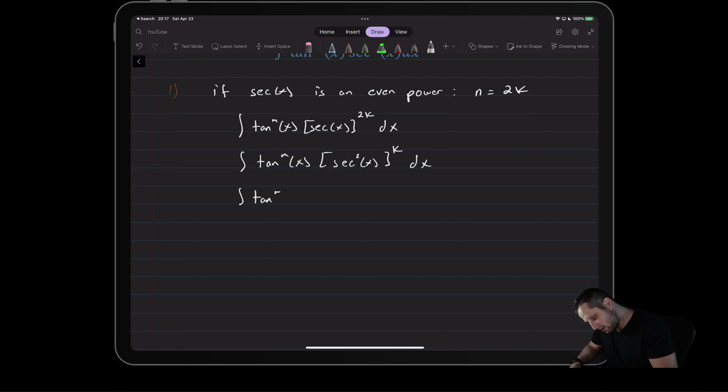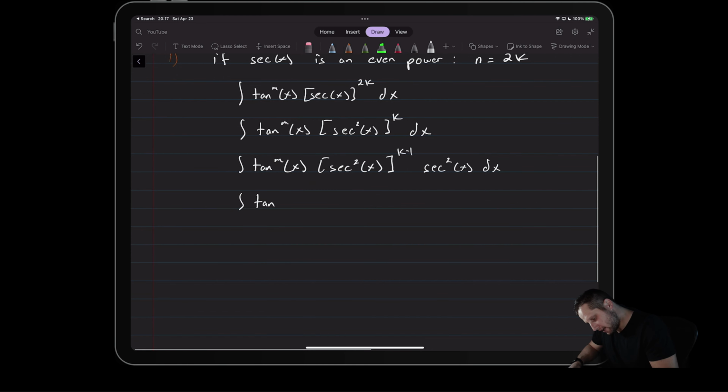So tangent to the m power of x times secant squared of x. Now we pull this factor out, we're going to call this k minus 1 because we're taking a factor out of here. We're going to write secant squared of x dx. And then we're going to convert this secant squared inside of the brackets to a 1 plus tangent squared.